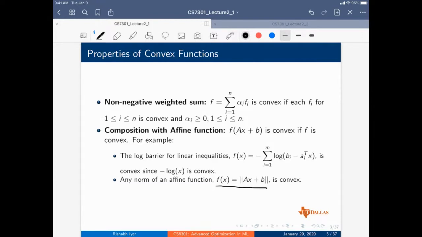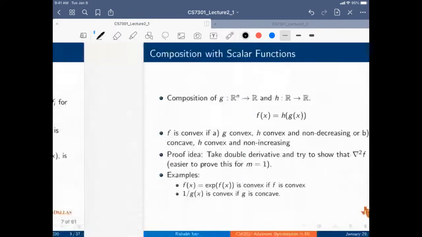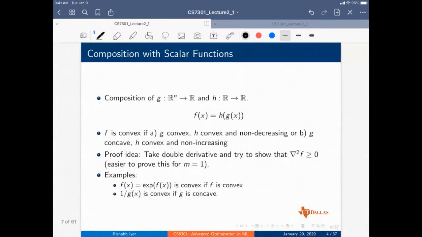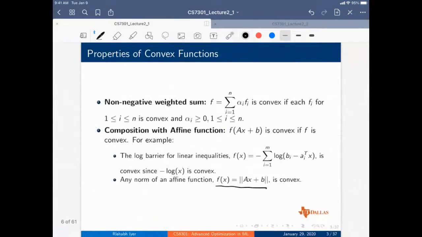This also is a convex function. So a norm of an affine function is convex. Again, if you recall, the norm itself is a convex function. We saw this last time that f of z equal to the norm of z, for any norm, is convex.